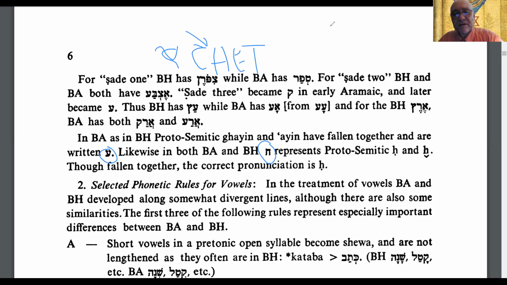Chet represents Proto-Semitic, looks like, these H and H, though fallen together. The correct pronunciation is, well, it's got to be that guttural because it's saying this in Biblical Hebrew, and I know that that's chet. Or it's that it's not technically guttural. It's like you're hacking up a sound. It's this rough sound.